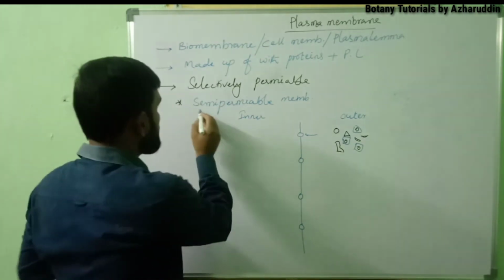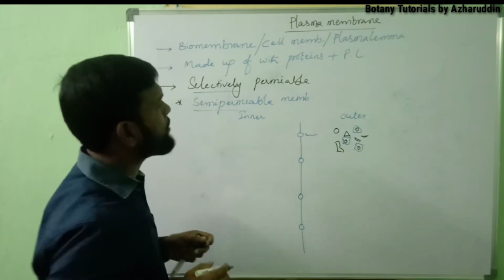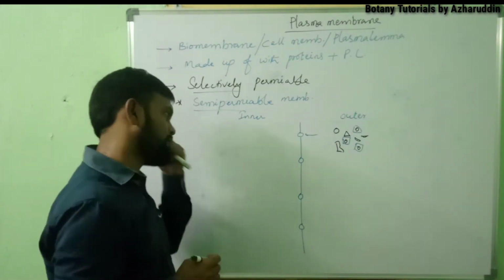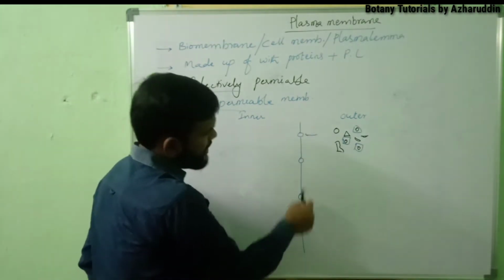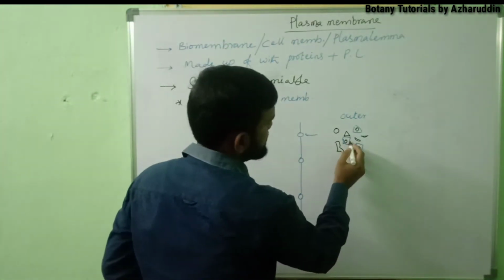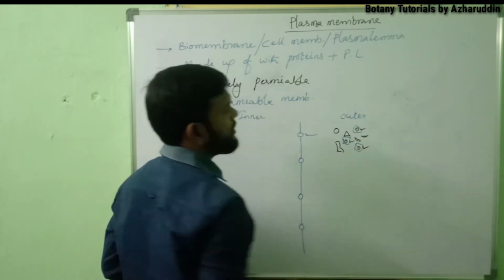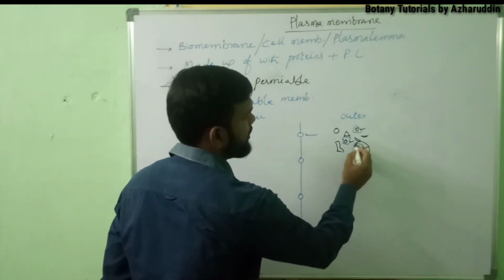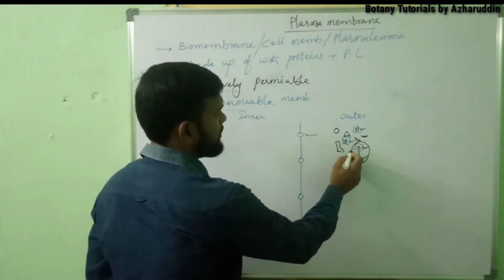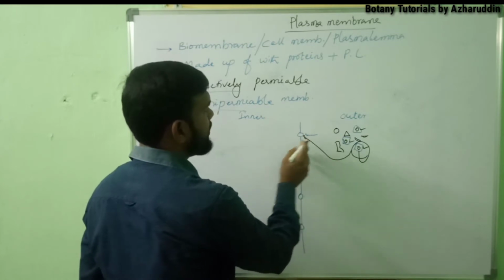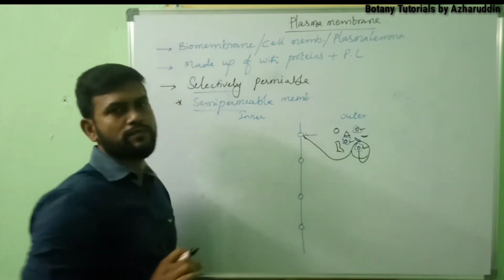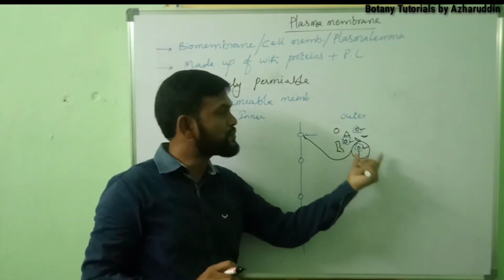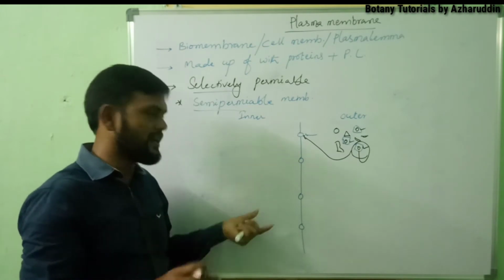Next, when it acts as a selectively permeable membrane, the plasma membrane selects. For example, these three particles are present, and only this particle is required. Then only this particle enters into the cell through the plasma membrane. That means the plasma membrane is selecting which particle is required by the cell.